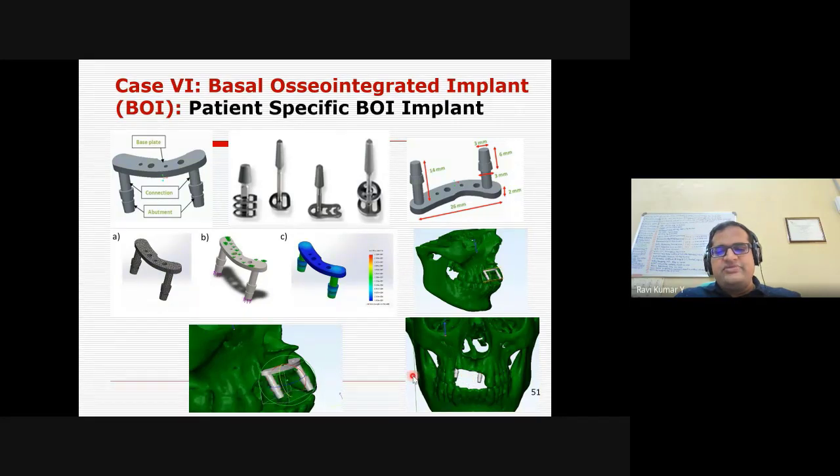And we can see this is an asymmetric fracture that happened in the accident. So we need to design the implant as per the patient's condition. We designed it for the patient's fracture condition, and there is a difference in dimension from one side to the other, because this is an asymmetric fracture. And then finally it has been printed, and this is the design and the analysis.